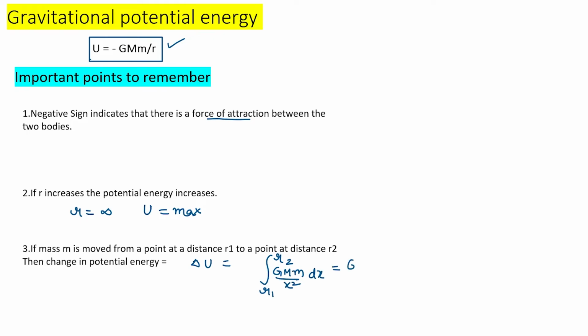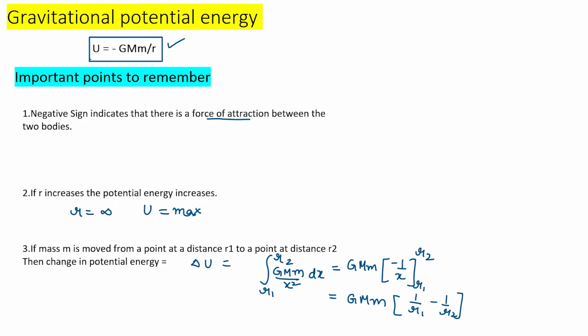So when we substitute the limits, this is minus 1 by x, r1 to r2. So this is GMm times 1 by r1 minus 1 by r2.